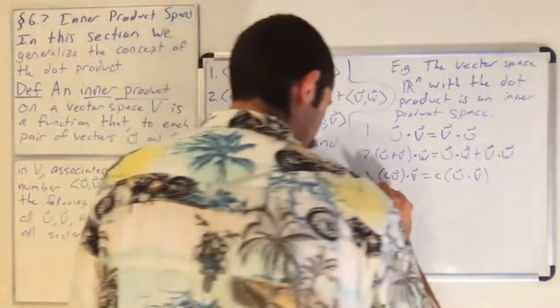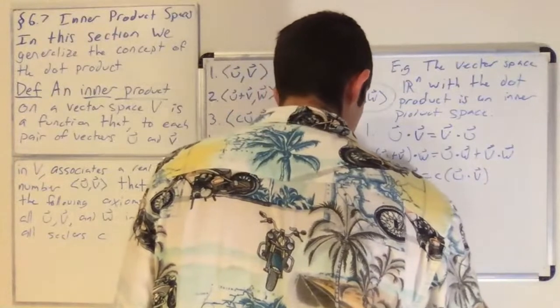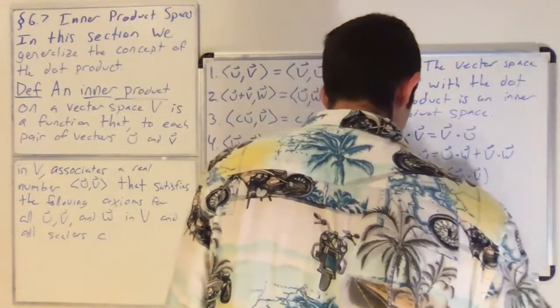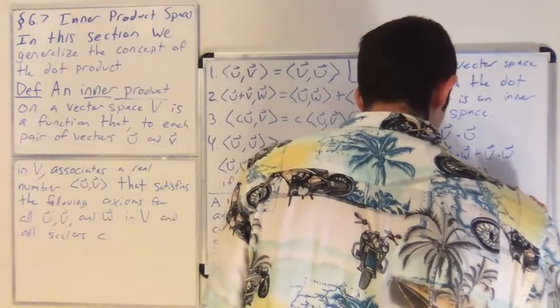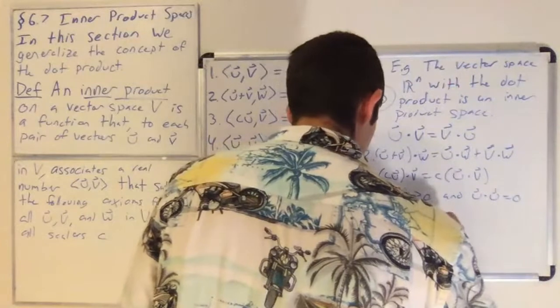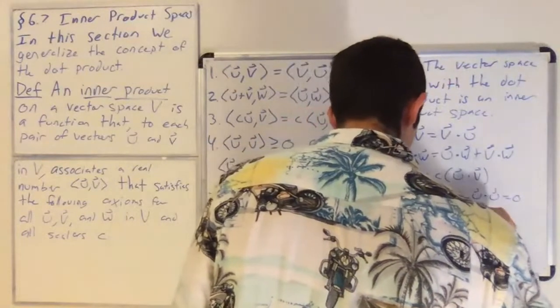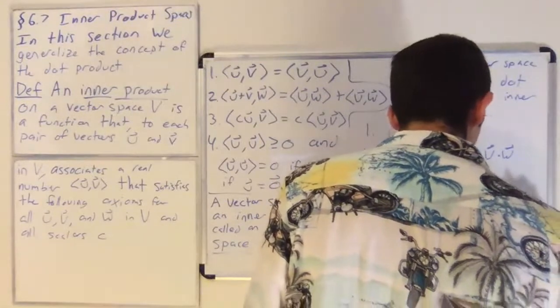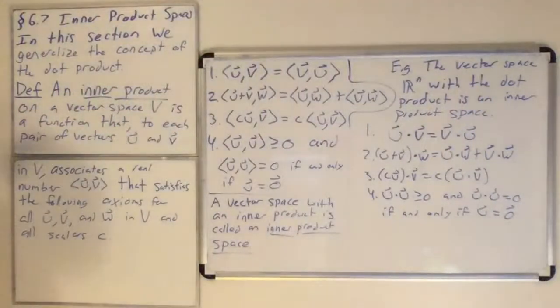And then last, u dot u is greater than or equal to 0, and u dot u equals 0 if and only if u is a 0 vector. Right, so to show something is an inner product, we're just going to go through and show that all four of these properties are satisfied.